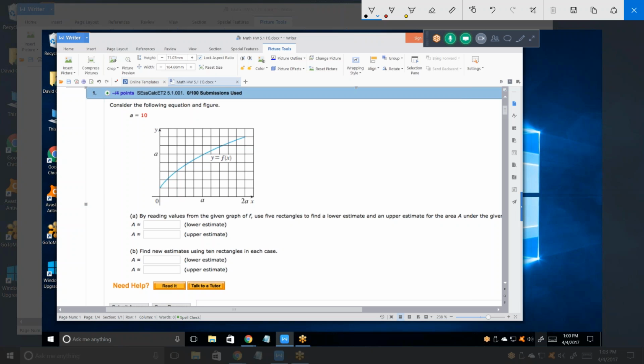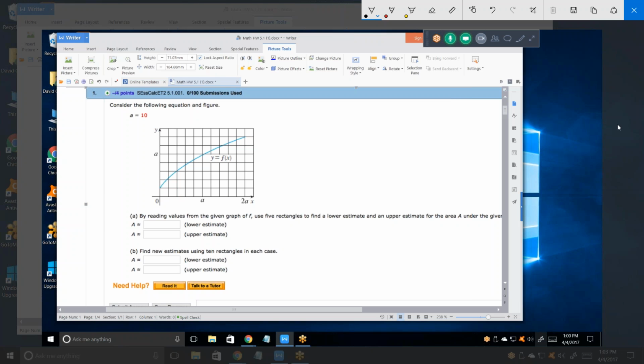And that's what this problem is all about. Part A says use 5 rectangles to find a lower estimate and an upper estimate for the area under this curve from 0 to 20, which in this case is from 0 to 2a.